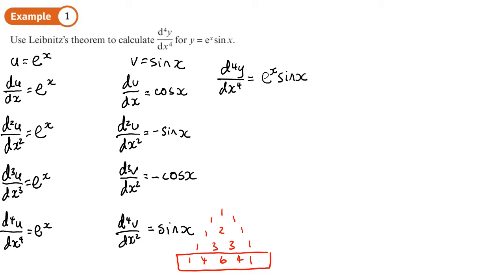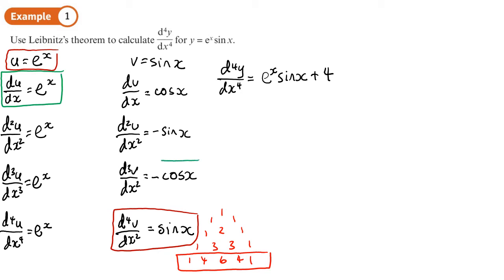Okay, so I'm using this one and this one. That's a coefficient of 1, plus 4 lots of, well, that's going to be this one multiplied by this one. So one goes up, one goes down.